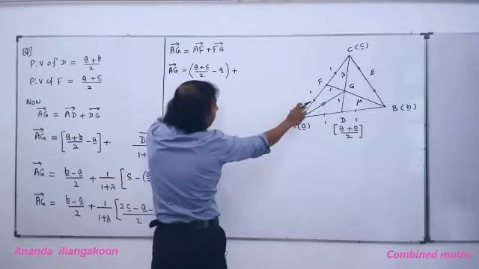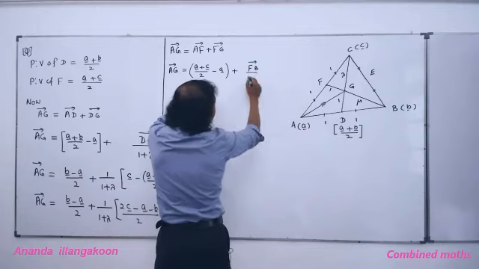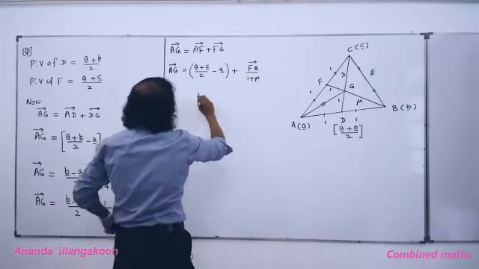FG vector we can write if the FB vector we divide by 1 plus mu. That must be multiplied by 1. Right.